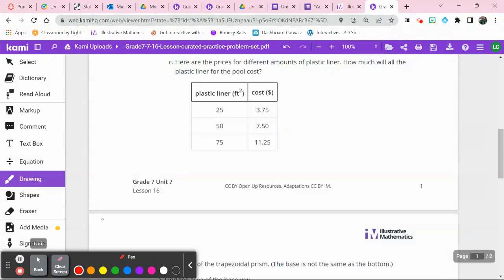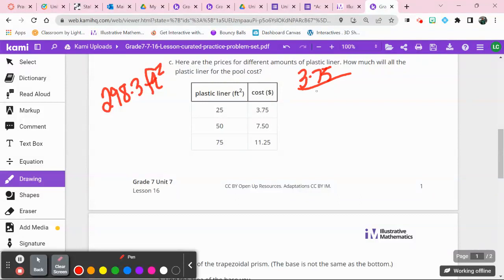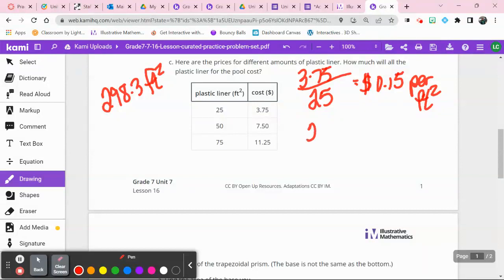Didn't mean to do it that way, but that's okay. 298.3 feet squared. We had 3.75 divided by 25, 0.15 per foot squared. To see how much it costs, I have dollars first, then feet squared. They're different units, so I multiply by my constant.